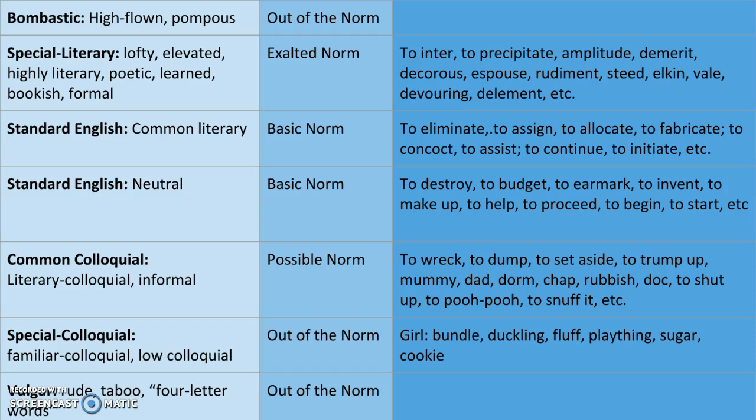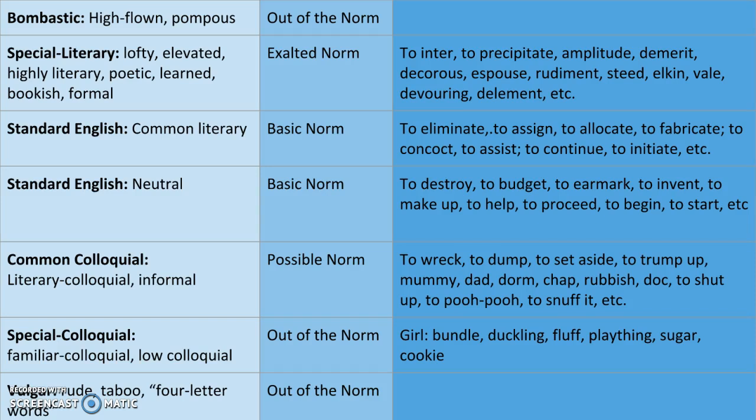Next we have special colloquial, which is a familiar colloquial. It's also called local colloquial, which is a bit of a pejorative. I'm not a big fan of that description, but it's considered outside the norm. And so the examples here are, for instance, calling a little girl a bundle, a duckling, a fluff, a plaything, which is a little creepy, but I've actually heard grandparents say, oh, your little plaything. Still creepy. Sugar, cookie.